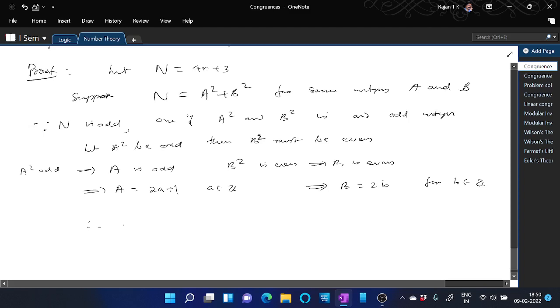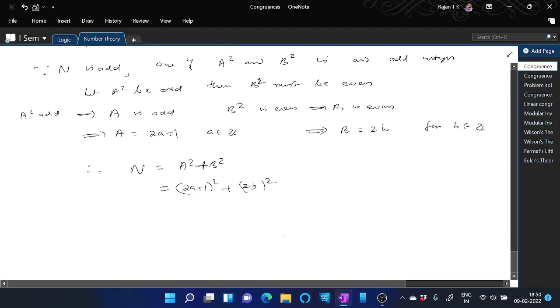And therefore N is a square plus b square, that is, 2a plus 1 the whole square plus 2b the whole square. You can write that as 4a square plus 4a plus 1 plus 4b square, and this as 4 into a square plus a plus b square, plus 1.